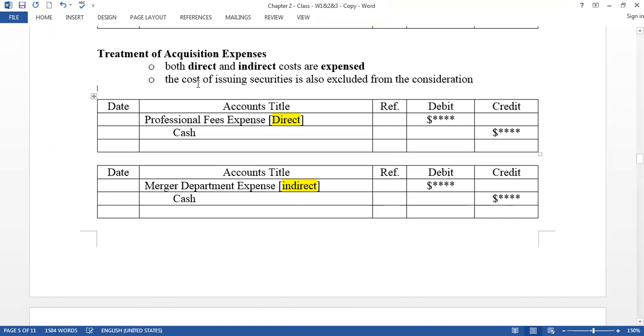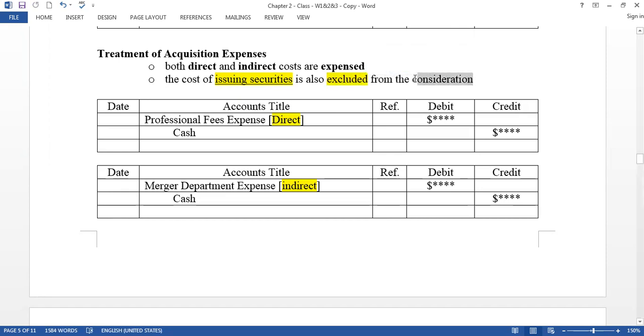So according to the new rule, direct acquisition cost and indirect acquisition cost are recorded as expense. Look at another one, the cost of issuing securities. This is another important item you will find later on in advanced accounting. Another cost, the cost of issuing securities, is also excluded from the investment account.